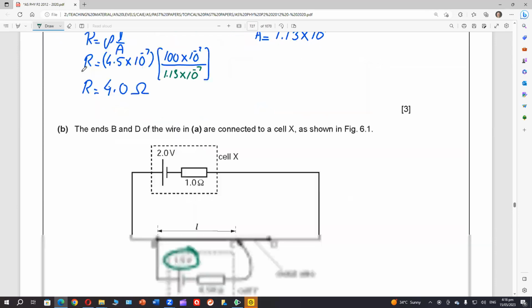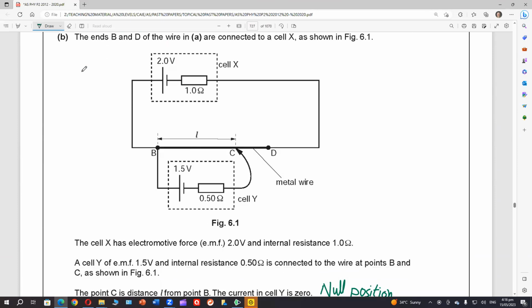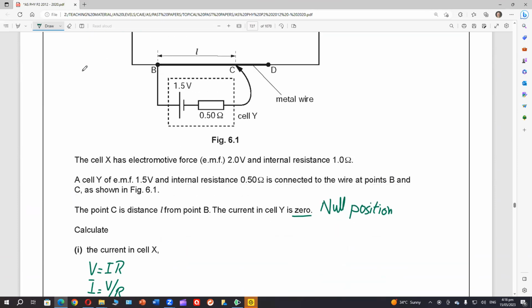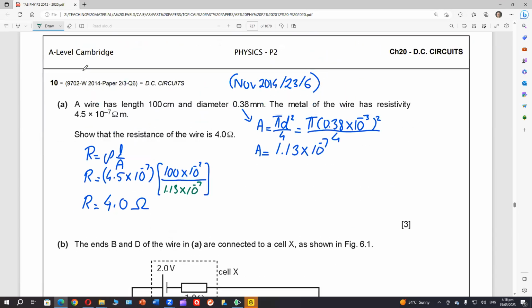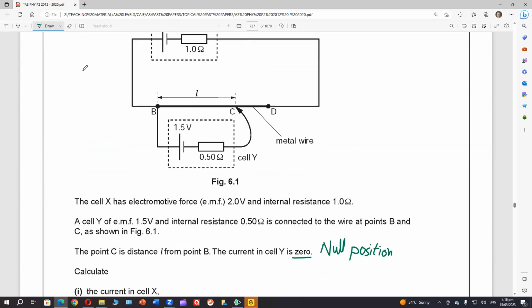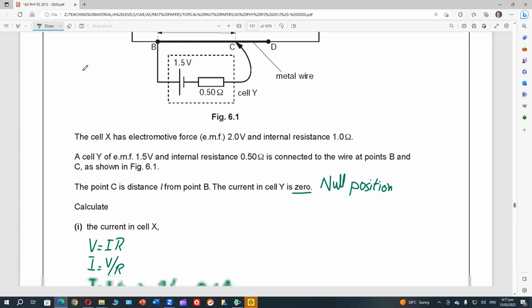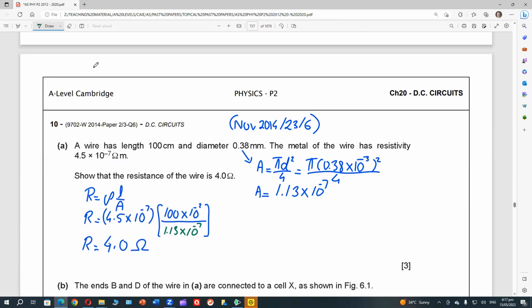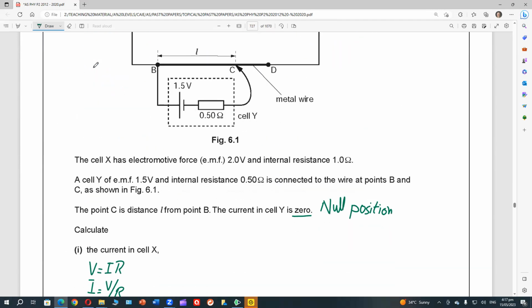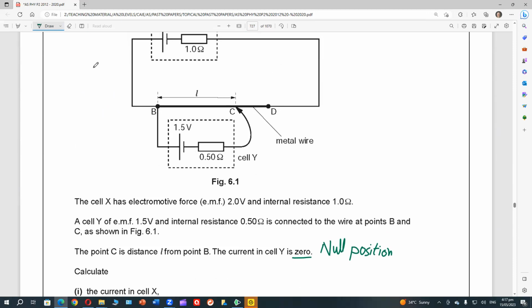Is it 100 centimeter here also? BD. It looks that the wire has a length 100 centimeter and we need to find this length.